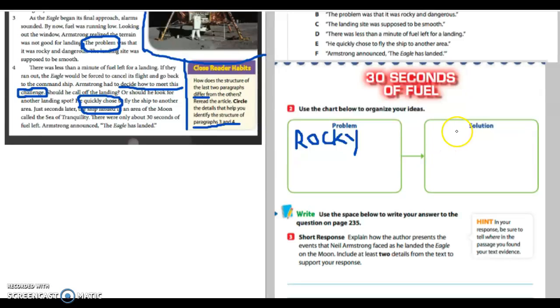The solution should be something along the lines of: he met his challenge by landing the ship, he landed the ship in another area, or he quickly chose to land the ship in another area. Any of these 3 lines or 2 sentences would be good evidence to put in our solution box. Please write that in your solution box now.